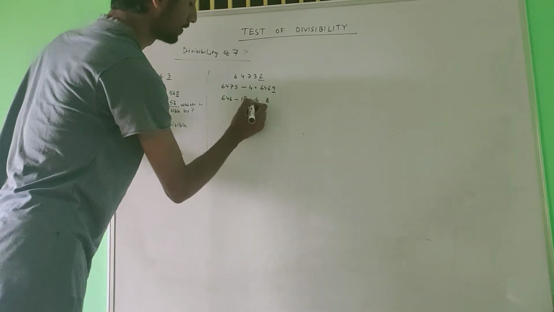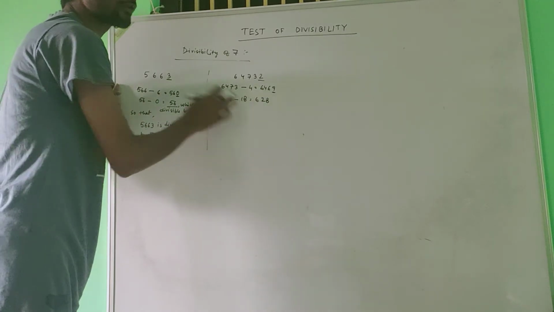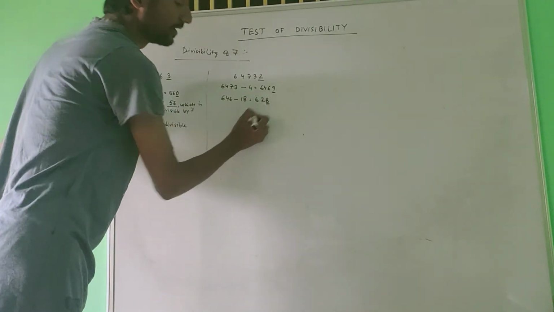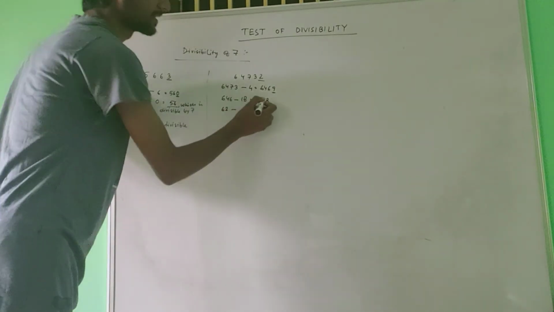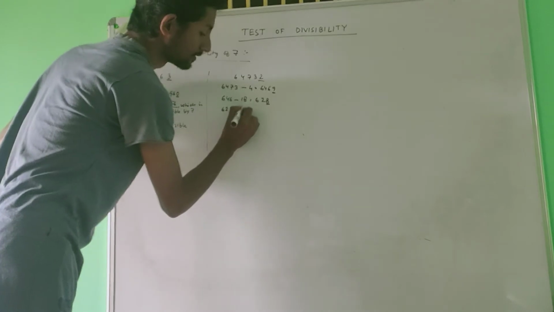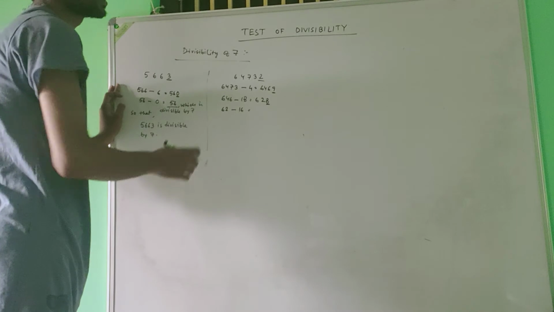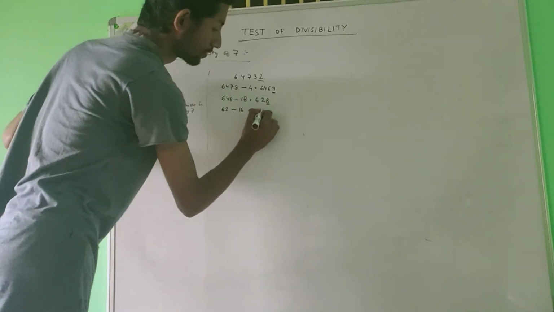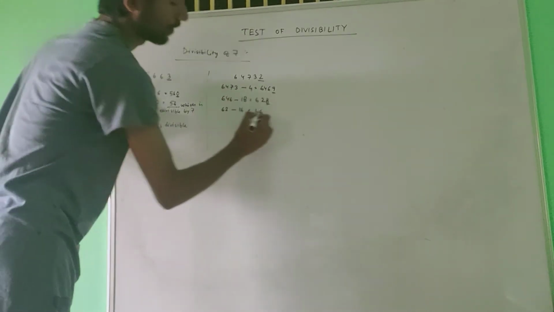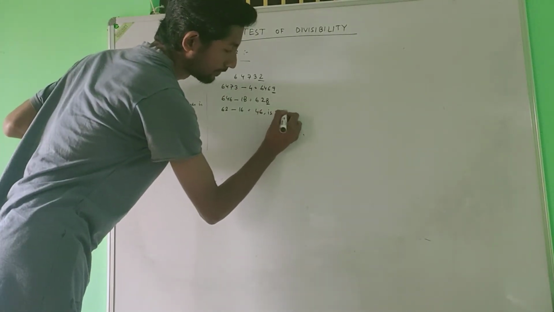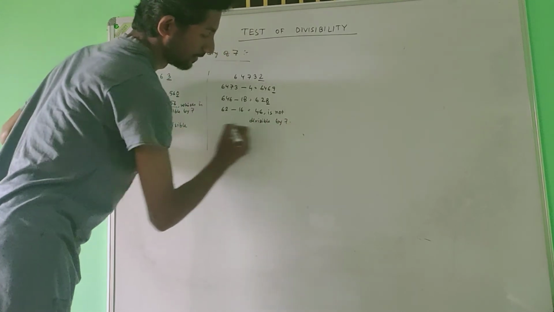628. Now again we have to do this, because we cannot find the answer from here directly. The last digit is 8, so 62 as the remaining digits minus 8 times 2, which is 16. 62 minus 16 is 46, and 46 is not divisible by 7.